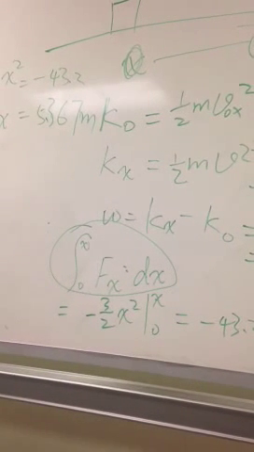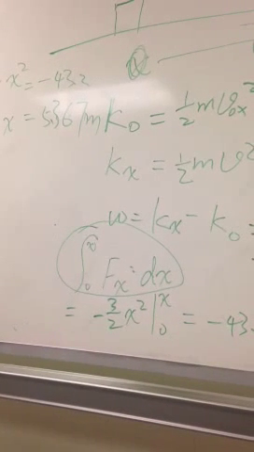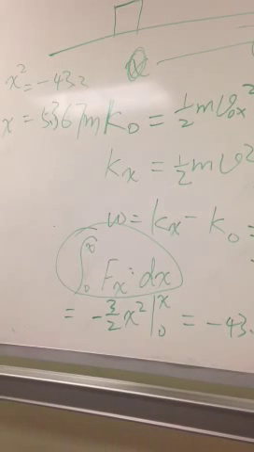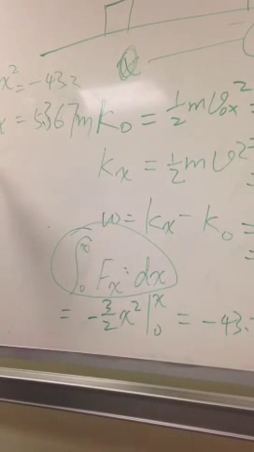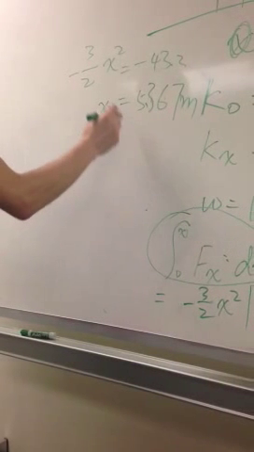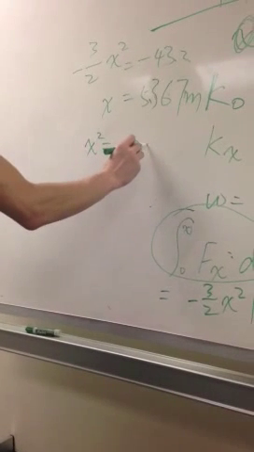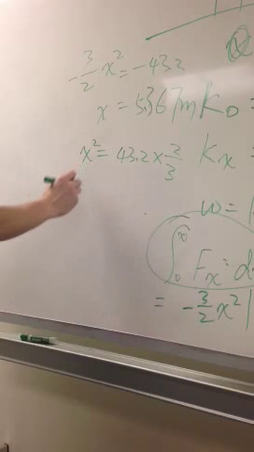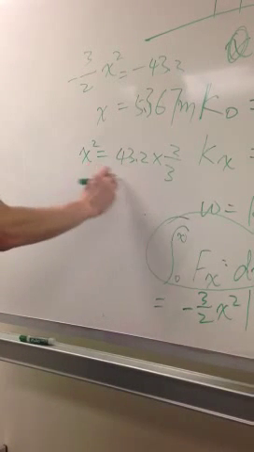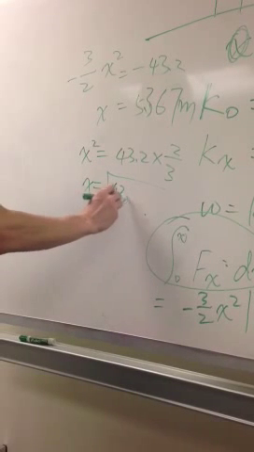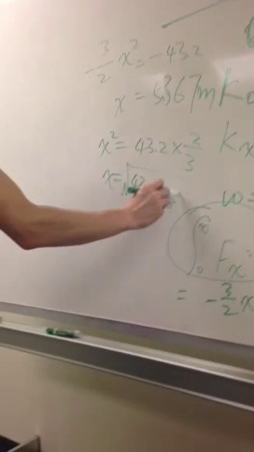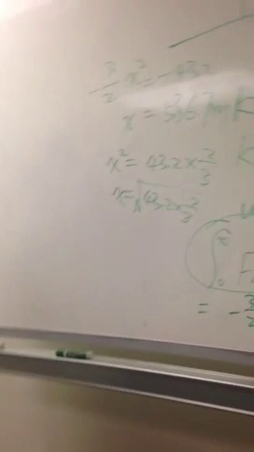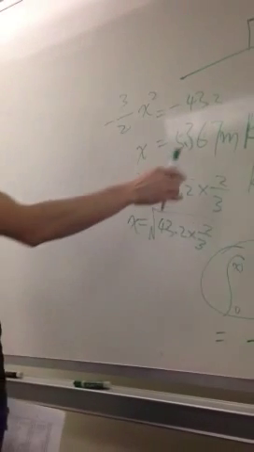So you brought that negative 3/2 over, and then you took the square root. Yeah, it will be x squared equals, and then you take the square root. Okay, just use a calculator.